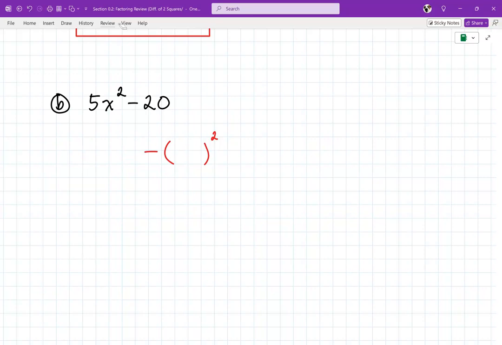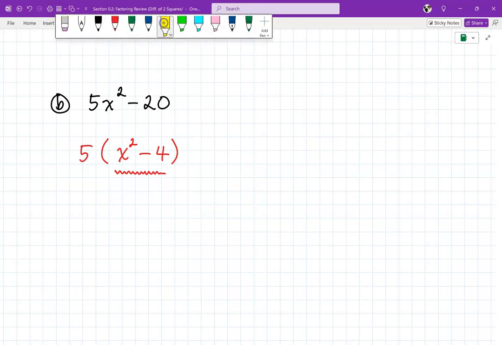So what we have to do is ask ourselves, is there something that I can take out from both of these? Well, I know 5 and 20 both can be divided by 5, so I'm going to take a 5 out. And that's going to leave me with x squared minus 4. Now, focus just on the squiggly line portion. The 5 is important. It's going to be part of my answer.